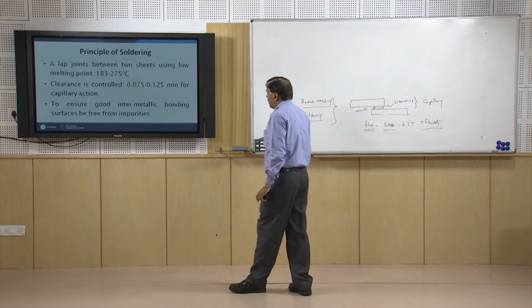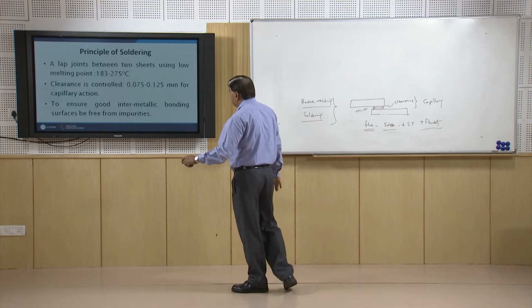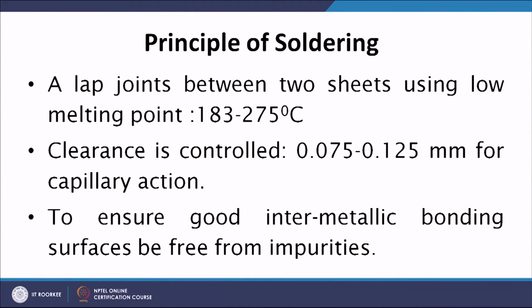So, this is what we have seen: lap soldering is mainly done in a lap joint configuration between sheets, developing the joints using a low melting point material having a melting temperature range of 183 to 175 degrees centigrade, and very close control over the clearance is maintained, especially for achieving the capillary action, so that the solder can get distributed uniformly, and to ensure good intermetallic bonding of the surfaces.